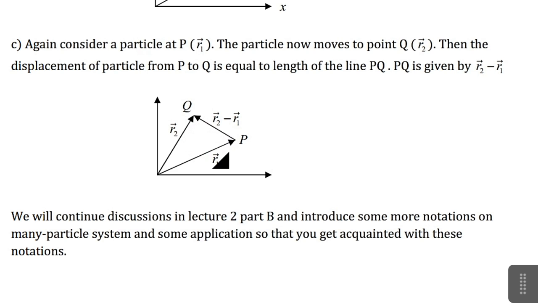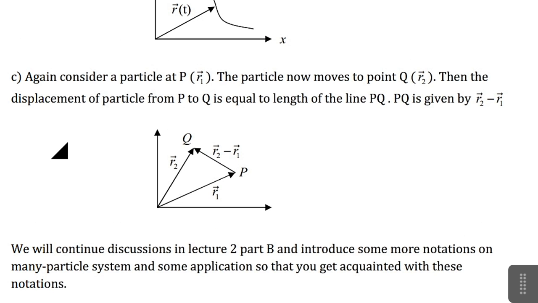So either you use the geometry of vectors, or you draw the diagram and use a scale to find these values. Whenever two position vectors are given, you can find the distance between the tips of the two position vectors, and the vector representation is r2 vector minus r1 vector. But when you convert this into magnitude, things get complicated, and that complexity can be solved from geometry. These are all the basic notations that you will find in your classical mechanics book.